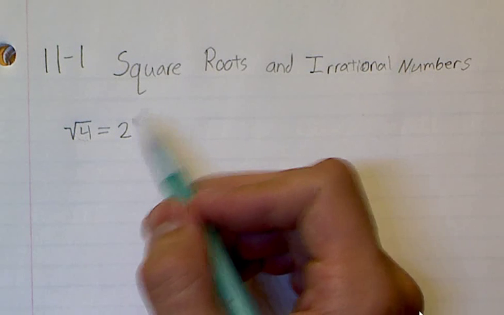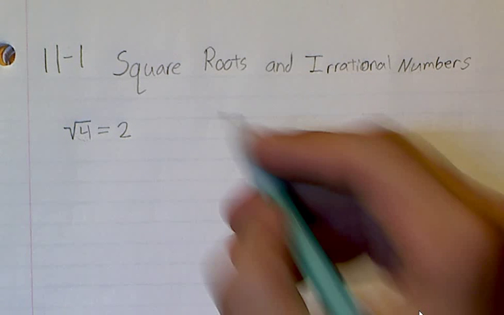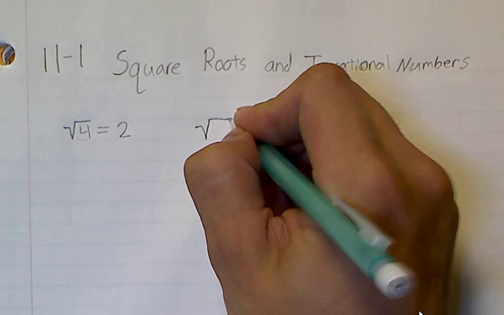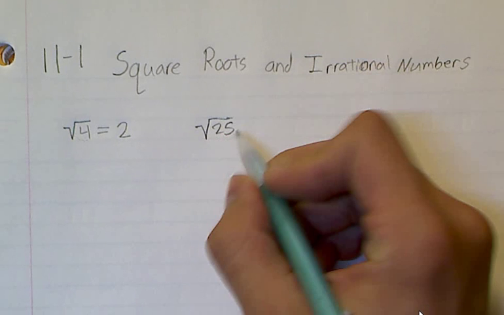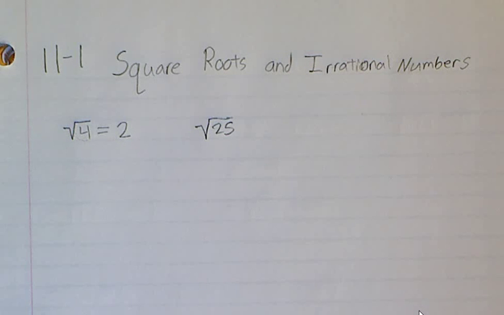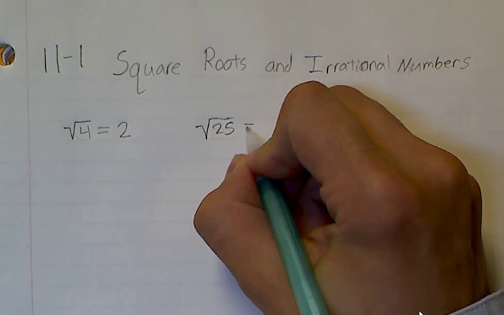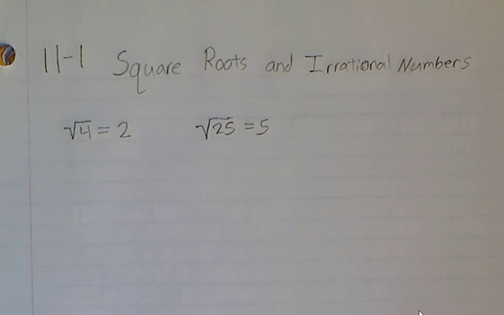Let's do a few more examples, just in case anyone's a little confused on what this is. Let's take the square root of 25. What number times itself is equal to 25? Well, that's really simple. That would be 5. Let's do a number that's a little bit larger.